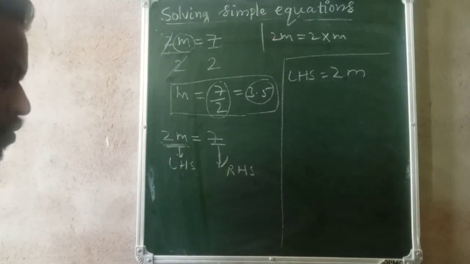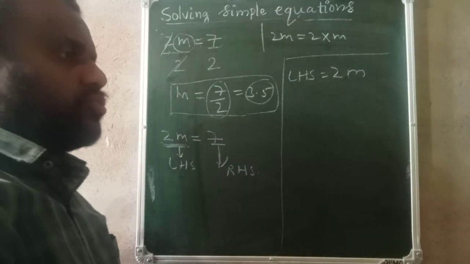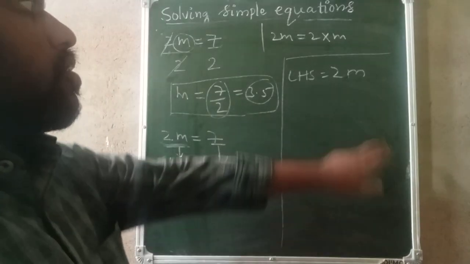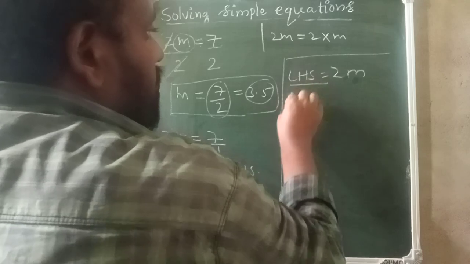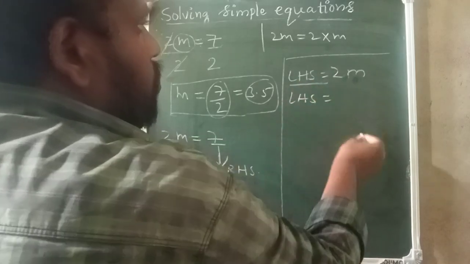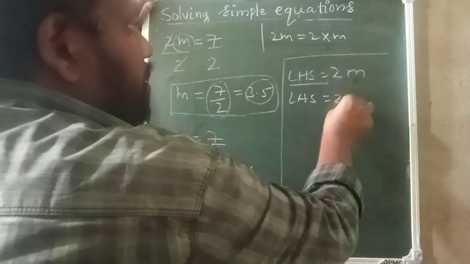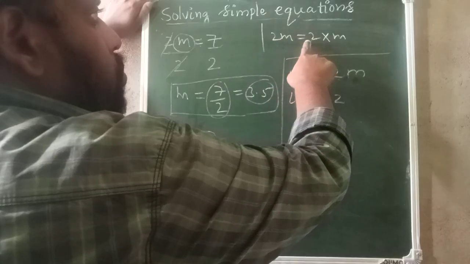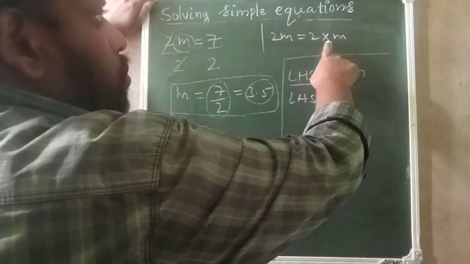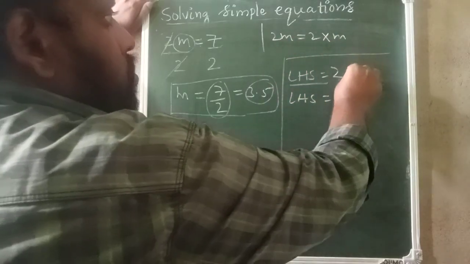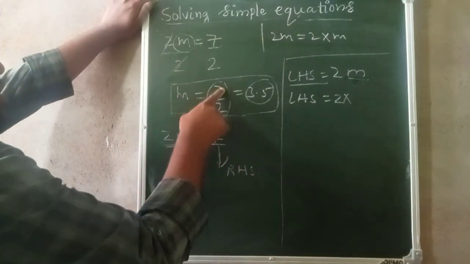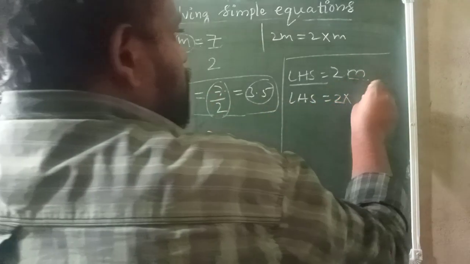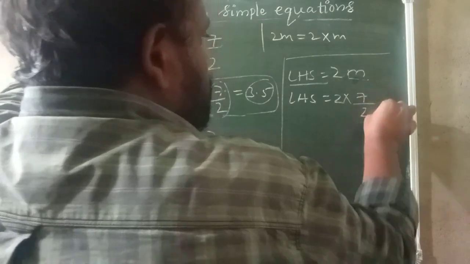Now what we have to do, we have to substitute the value for m. So before substituting, write this LHS is equal to 2. I already said 2m is equal to 2 into m. After 2 into is there. So in place of m, substitute the value. The value of m is 7 by 2. So in place of m, I am going to substitute 7 by 2.